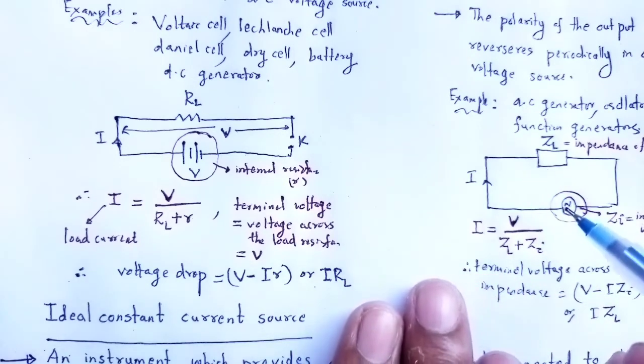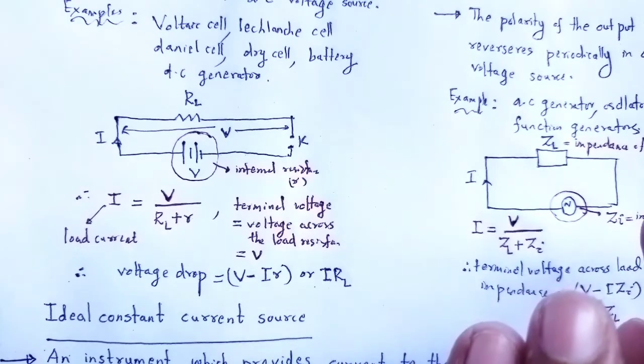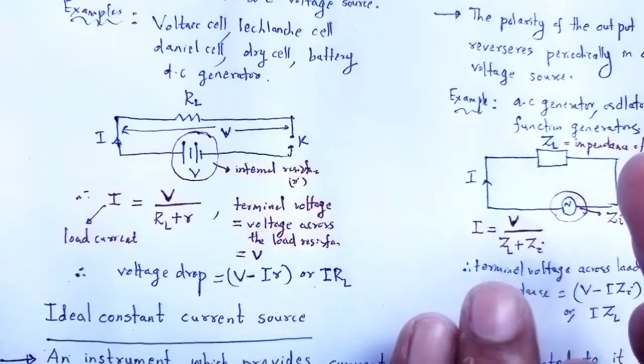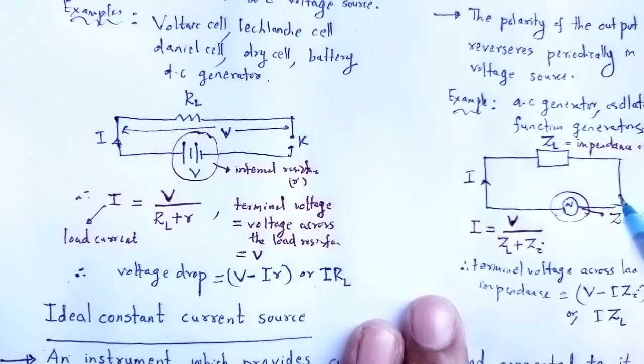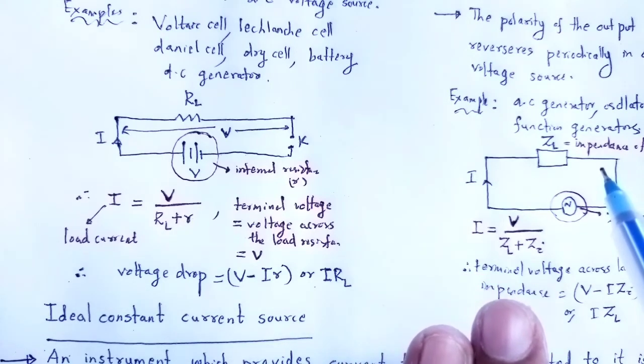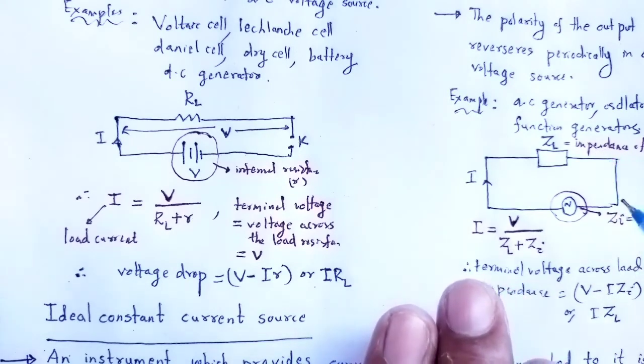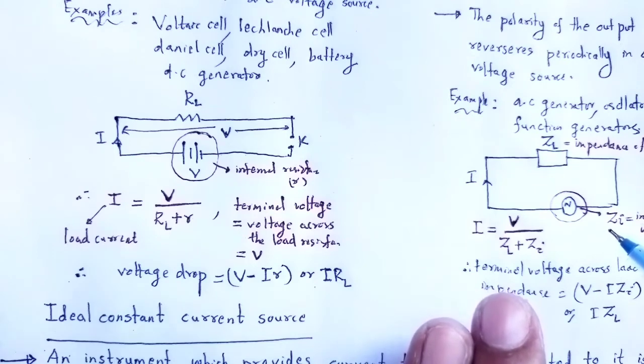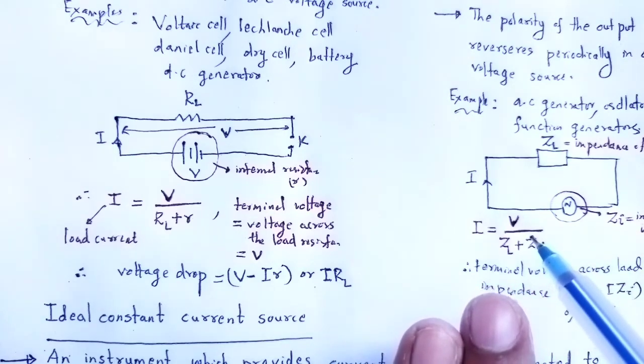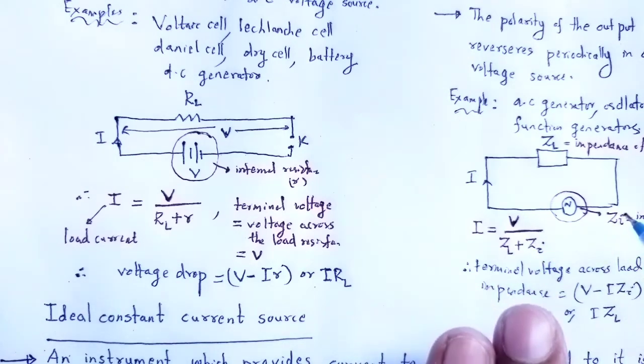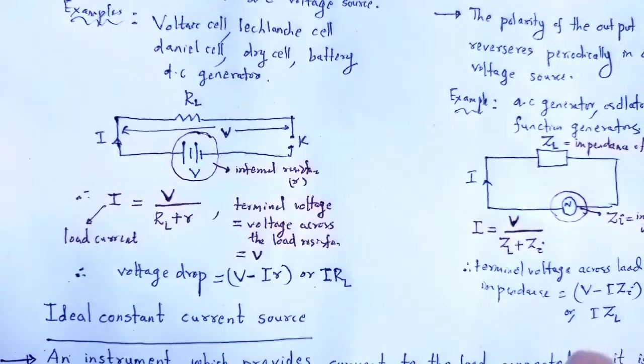It is difficult to realize the ideal voltage source in practical situations. However, small values of internal resistance or internal impedance can be considered very close to an ideal voltage source.